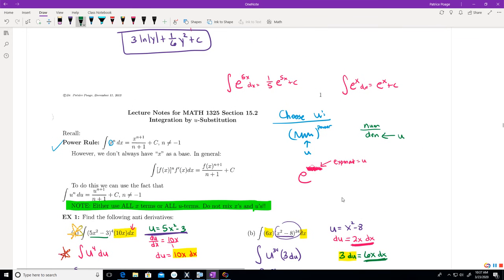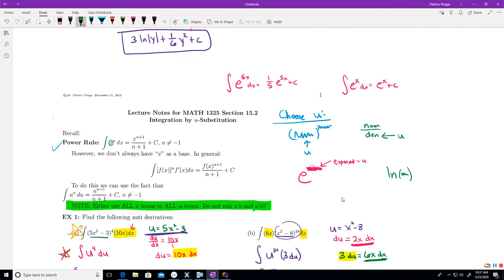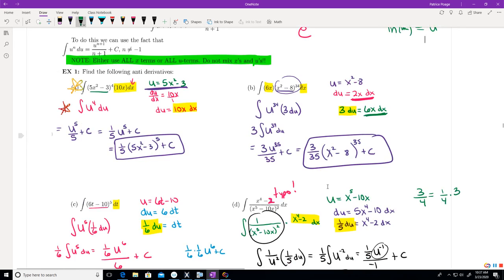If you just have numerator over denominator, denominator's your u. If you have e raised to something other than x to the 1, that's your u. And finally, if you have a natural log of something in your problem, that whole thing is your u. The entire log or natural log is your u.